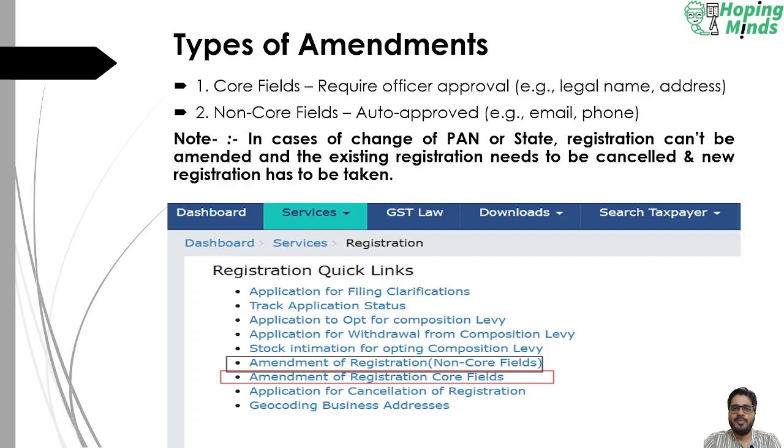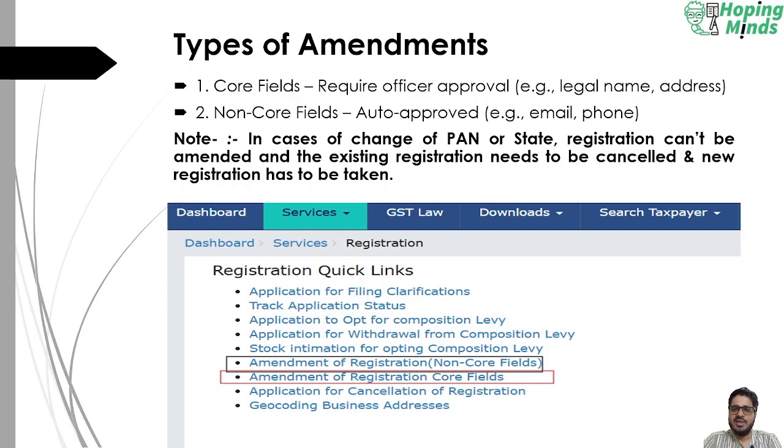In case of change of PAN or state, registration can't be amended and the existing registration needs to be cancelled and a new registration has to be taken. It means if the PAN on which GST registration has been taken changes, then it implies a change in constitution, or in case of proprietorship it implies a change in proprietor.